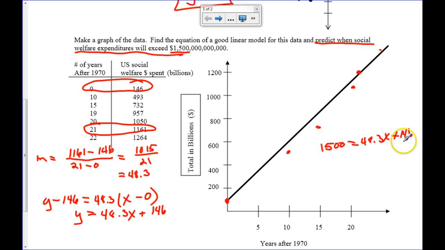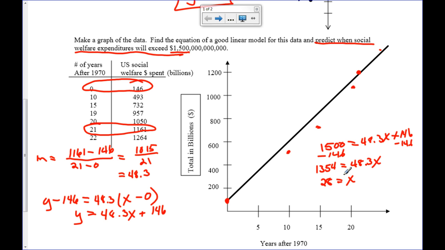Okay? So if I subtract 146 from both sides, I end up with 1354. Now I divide by 48.3. I have 28 equals x.